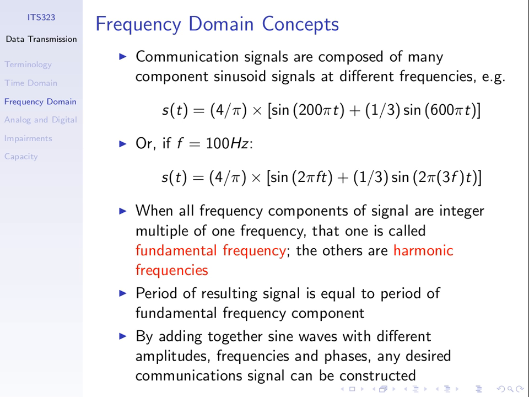If we have such a structure where we have a signal where the sinusoid components have frequencies which are integer multiples of one of the others, then that one base one is called the fundamental frequency, and the other components are harmonic frequencies. So in this case, our fundamental frequency is 100 hertz. F subscript here means fundamental.